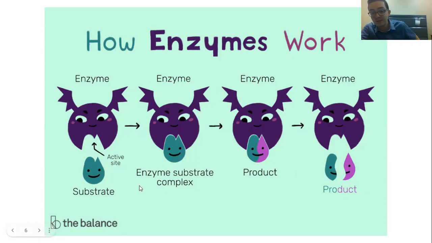We go from the substrate to the enzyme substrate complex, break it up into the product, and then release that product so it can be absorbed and do its healing or therapeutic effect. So that is the basis of how enzymes, especially our drug metabolizing enzymes, would break down a drug.